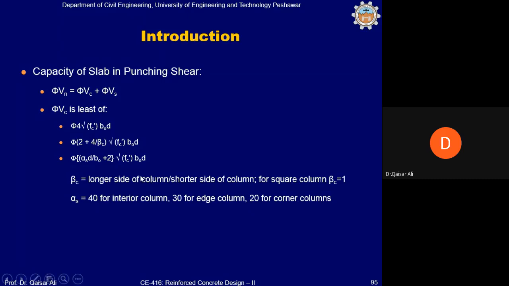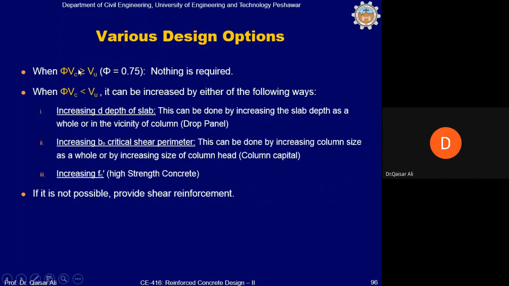When phi Vc is greater than Vu, nothing is required, which means that no reinforcement is needed, no drop panel, no column capital, nothing is needed. The slab thickness alone is enough to take care of the punching shear demand Vu.